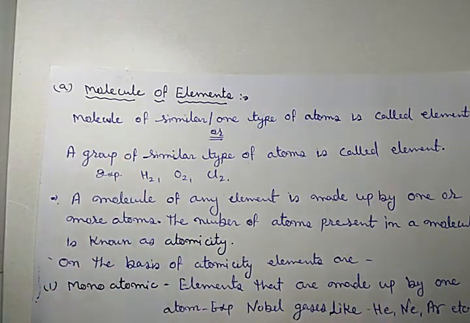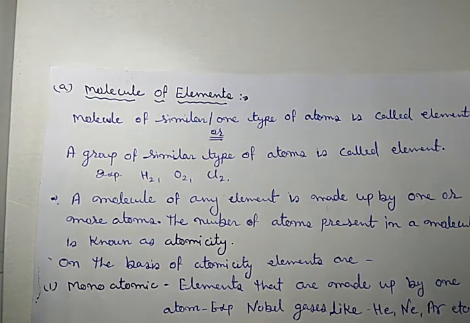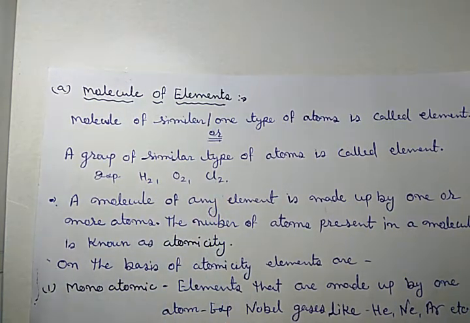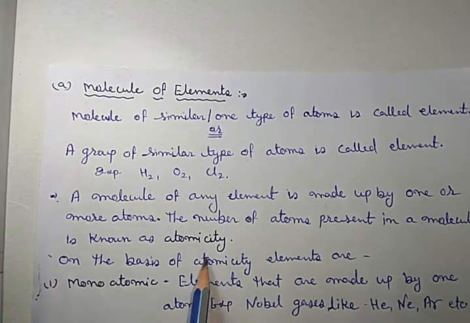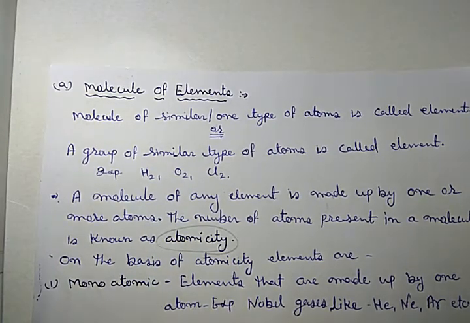Now we discuss molecules of elements. A molecule of similar or one type of atom is known as an element, or we can say a group of similar types of atoms is known as an element. For example, H2, both are hydrogen atoms, O2, Cl2. One more important thing about elements is atomicity. What is atomicity?